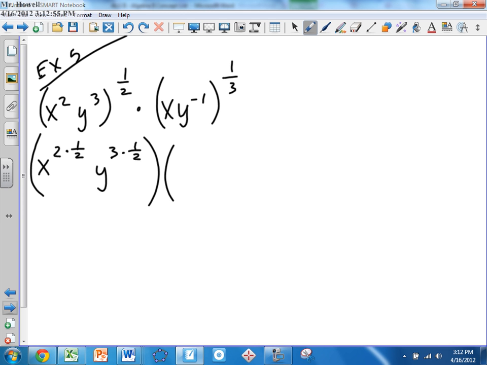It's x to the 1 times 1/3, and y to the negative, what, y to the, yeah, times 1/3. Okay, that's what I should have on my paper right now. Again, all you're doing is distributing that exponent. Whatever's in the major exponent on the outside is being distributed to each of the inside parts.